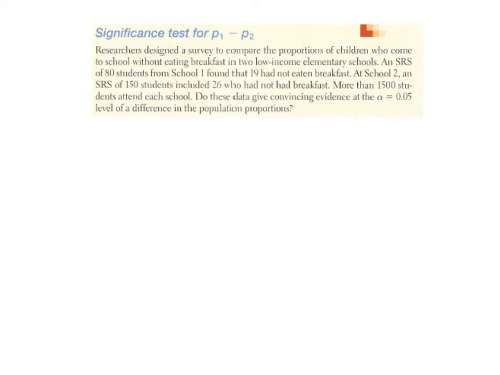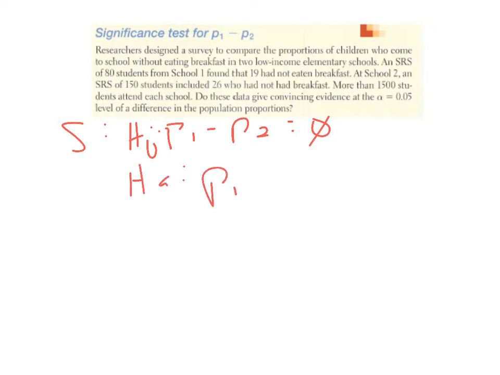This is the exact same example, but it's taking us all the way through. I'm not going to rewrite some of the stuff that we've already done. Again, it's our four-step process. Our statement part, we already did. Our null hypothesis is P1 minus P2 equals 0. Our alternative hypothesis is P1 minus P2 does not equal 0.